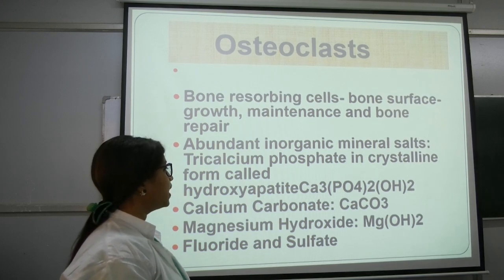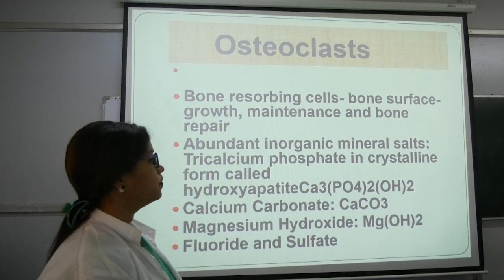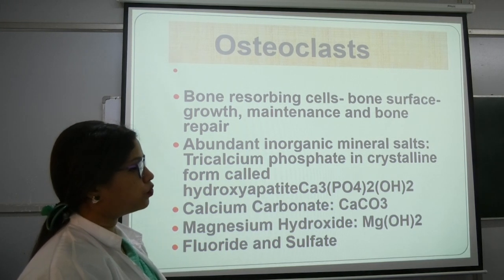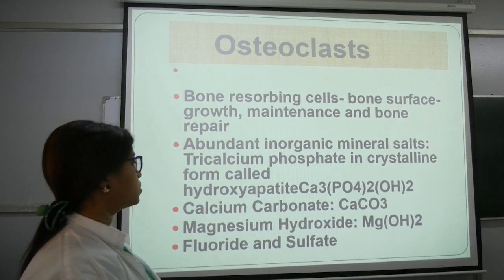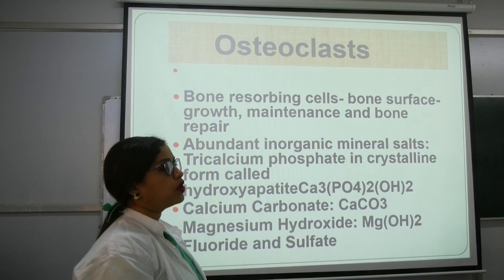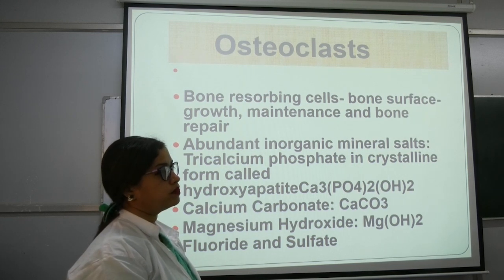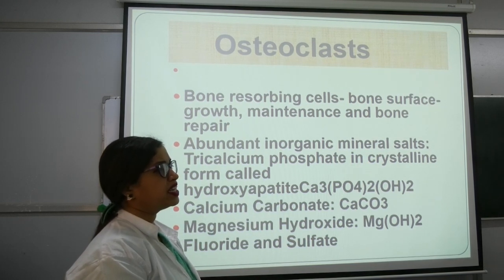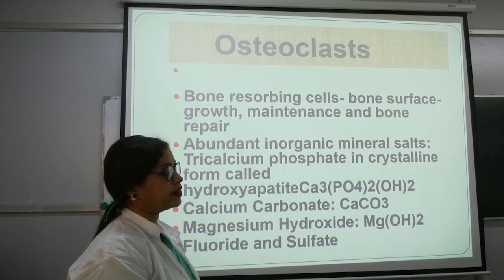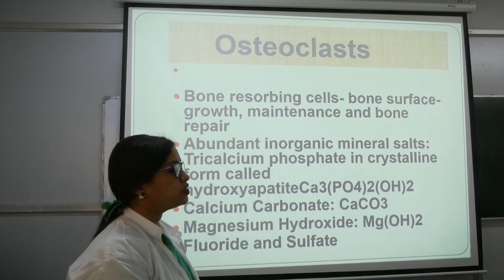And also you could get calcium carbonate, some amount of magnesium hydroxide, and also fluoride and sulfate. Fluoride is chiefly found in teeth enamel, and also the sulfate. These are the chief minerals found in the bone.